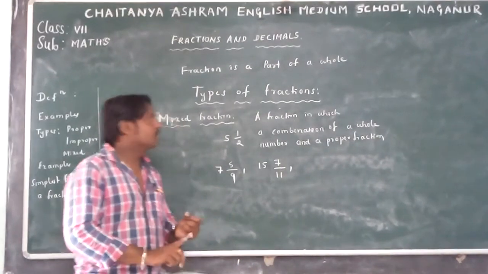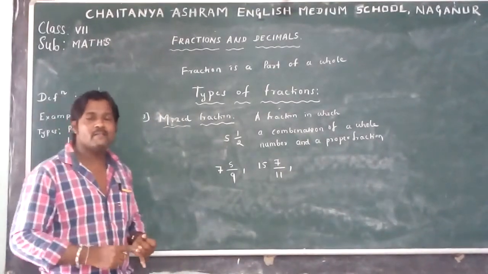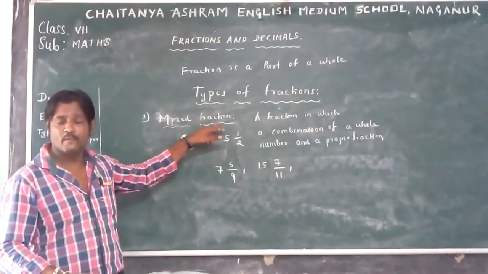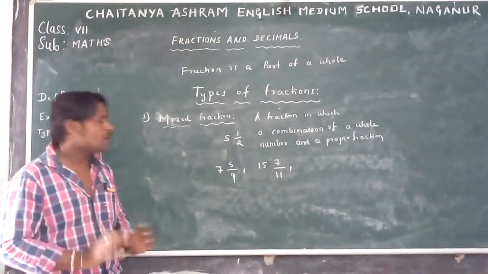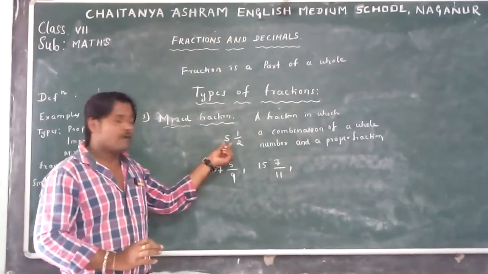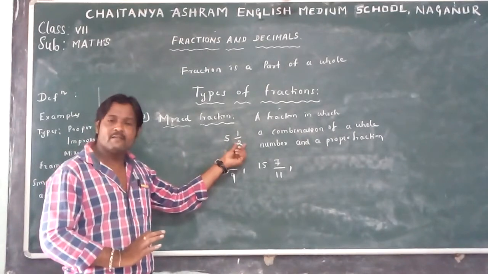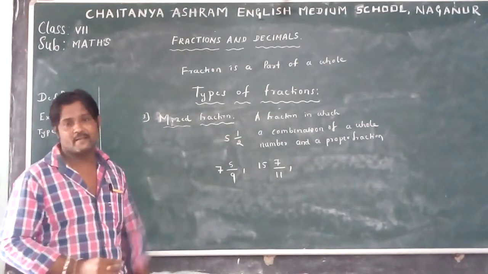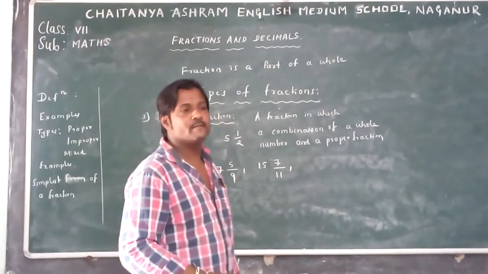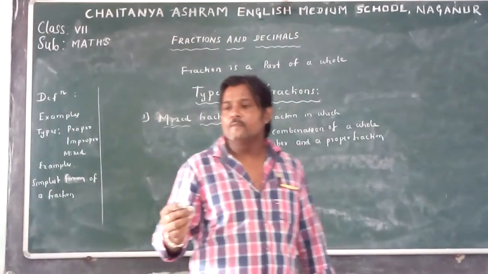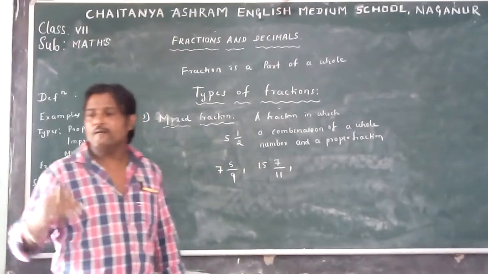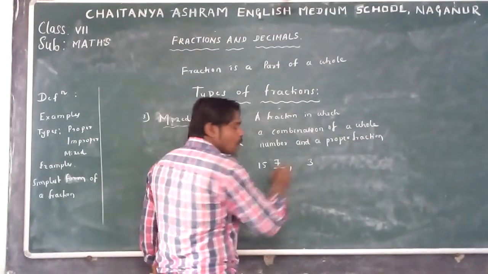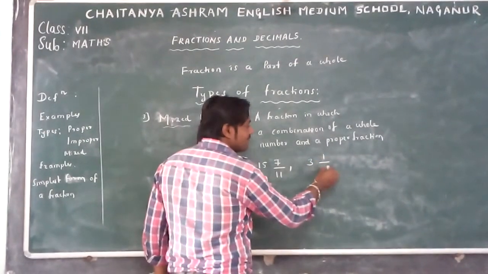The first type is proper fraction. Second type is improper fraction. The third type is mixed fraction. In this mixed fraction, we have a whole number as well as a proper fraction with it together called mixed fraction. Yes, other examples, anyone? Yes, write or say what you wrote in that page. 3 whole 1 by 6.